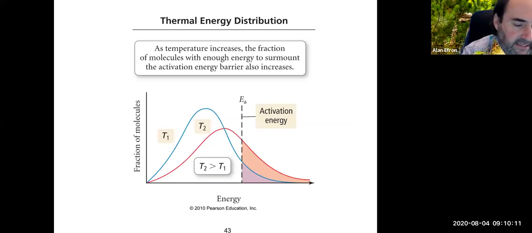And that's what we see here in this particular graph. These are the same reaction done at two different temperatures. Temperature 2 here is higher than temperature 1, and this is the activation energy. What we see is in the first temperature, there's only about this many molecules that can get up and over to the other side.